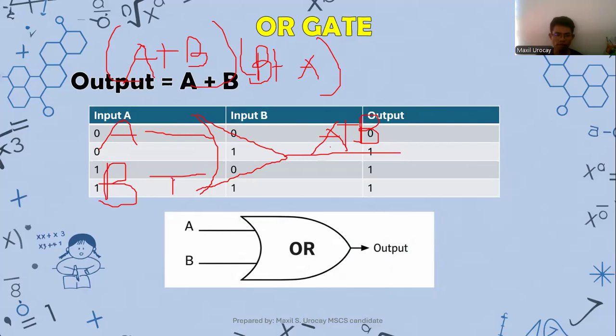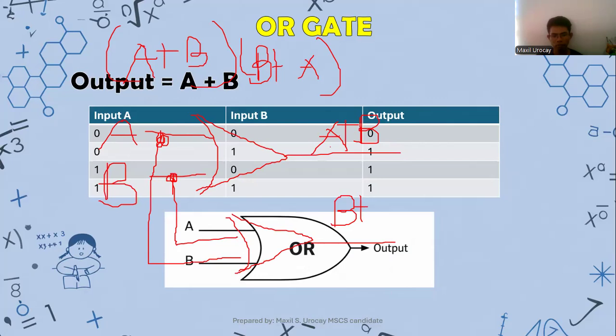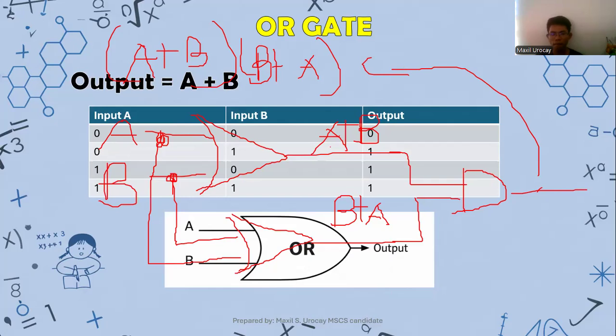Next will be B, then A. The same thing, let's add B plus A. And then since that is a combination with AND, instead of the curve, it will be like this, just like the AND earlier. So it is returning like this. This is A plus B times B plus A. That's really so simple.